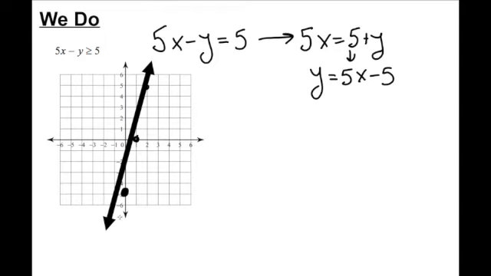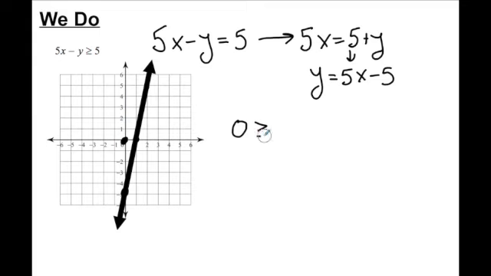So I'm going to kind of play around with this a little bit. Perfect. And now what am I going to do? I'm going to choose a test point of 0, 0, because again, 0, 0 is not on the line. So I get 0 minus 0 is greater than or equal to 5.